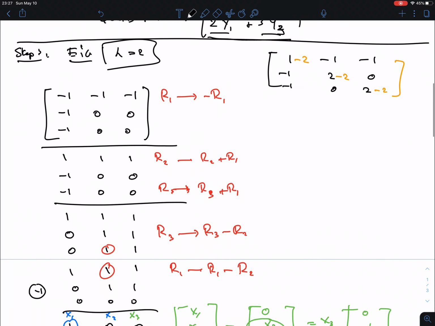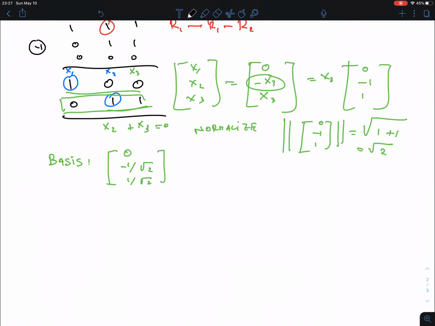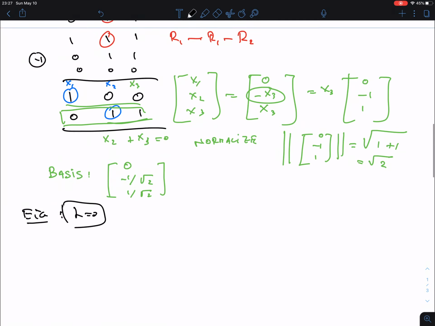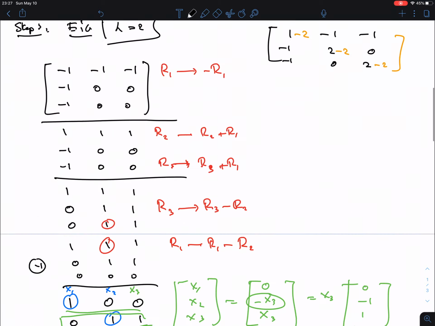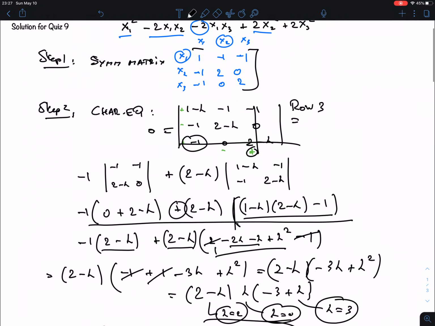Then next one was lambda equals 0. As I said, you can choose your own order, but you get a slightly different answer. So now the matrix was, I'm just going to copy it. If you don't believe me, here it was, right?